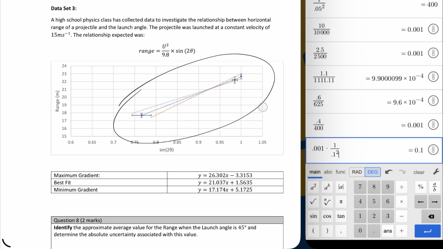My uncertainty in the y-intercept is the same working out, just with the maximum and minimum y-intercept. So I've got my biggest y-intercept is this one here, 5.1725, and I'm subtracting a negative number, negative 3.3153, and it's all over 2.